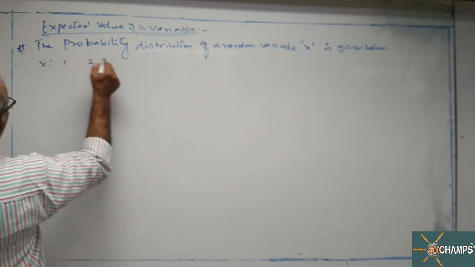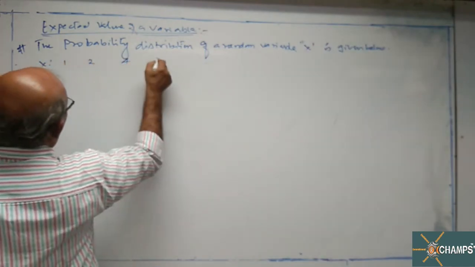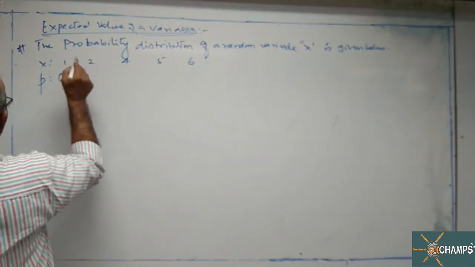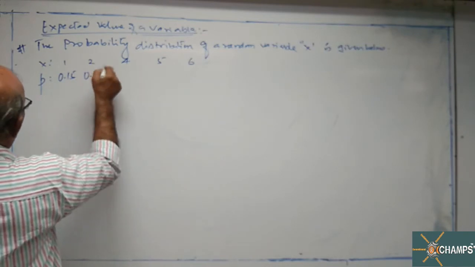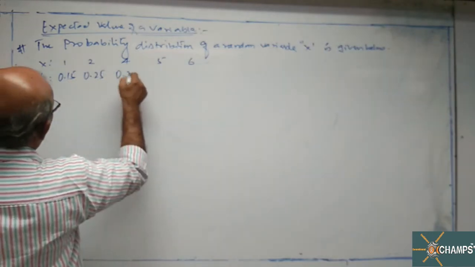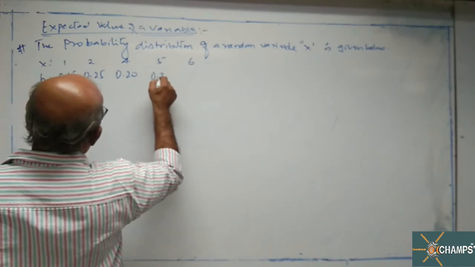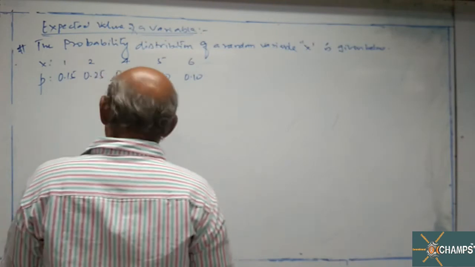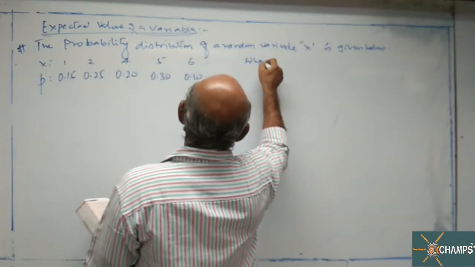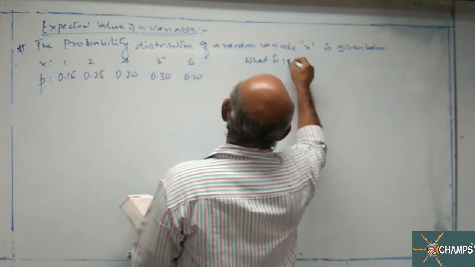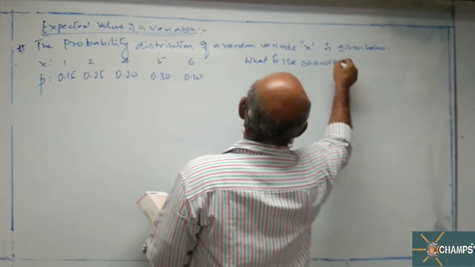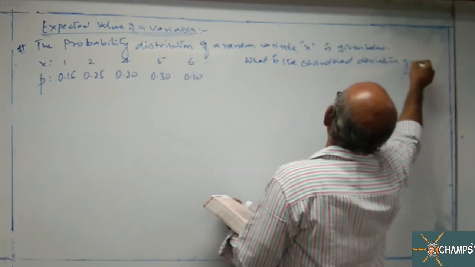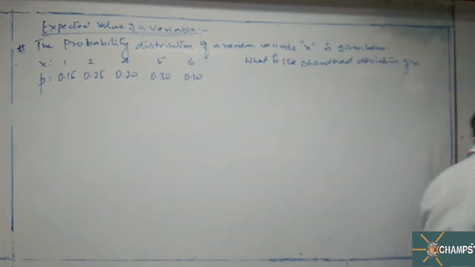X is taking the values 1, 2, 4, 5, 6, with probabilities 0.15, 0.25, 0.20, 0.30, 0.10. What is the standard deviation of X?